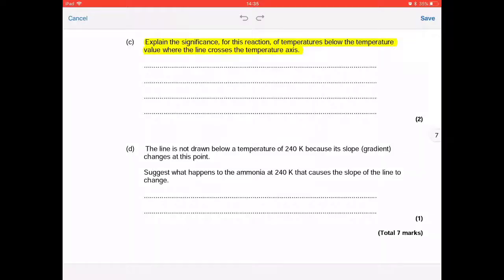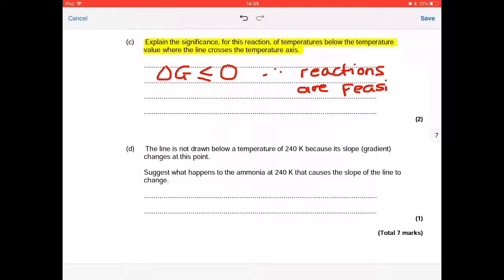And so we know that below that line, delta G is less than 0, or less than or equal to 0. And when delta G is less than or equal to 0, reactions are feasible. And so below that line is where that reaction will actually take place, and above that line the reaction will not take place. And that's the answer to the question. That gets you both marks.